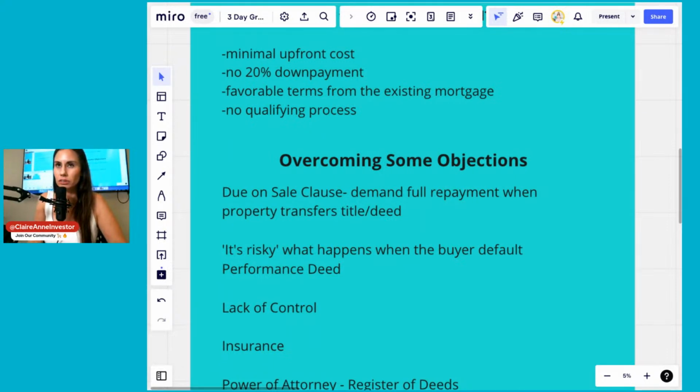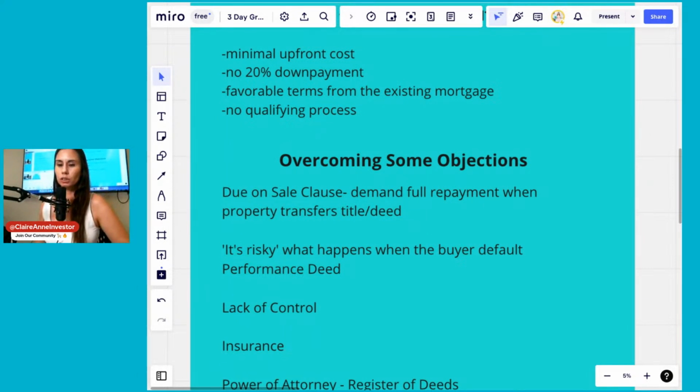I've never seen it happen, that they call the note due and foreclose on you. And the agent was like, I have investment properties and I don't even want to change them into an LLC because I don't want to run the risk of them calling it due.